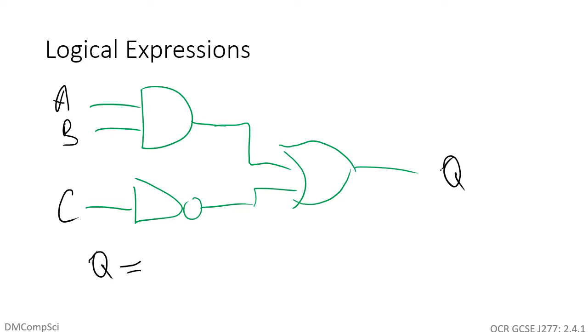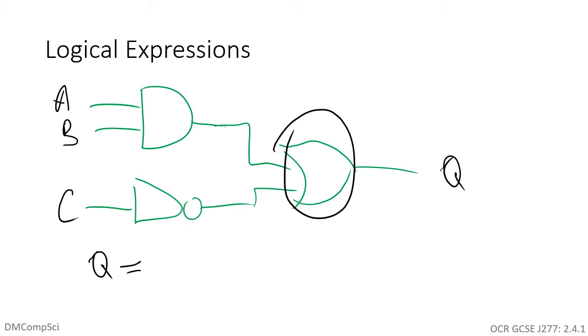Now, the best way to work with logical expressions and circuit diagrams is to move from right to left on the diagram. So we'll start off with what I like to call the terminal gate, and here we have our OR gate. What we can decipher from this, because it has two inputs coming into it, is that it will be the central operator of our expression.